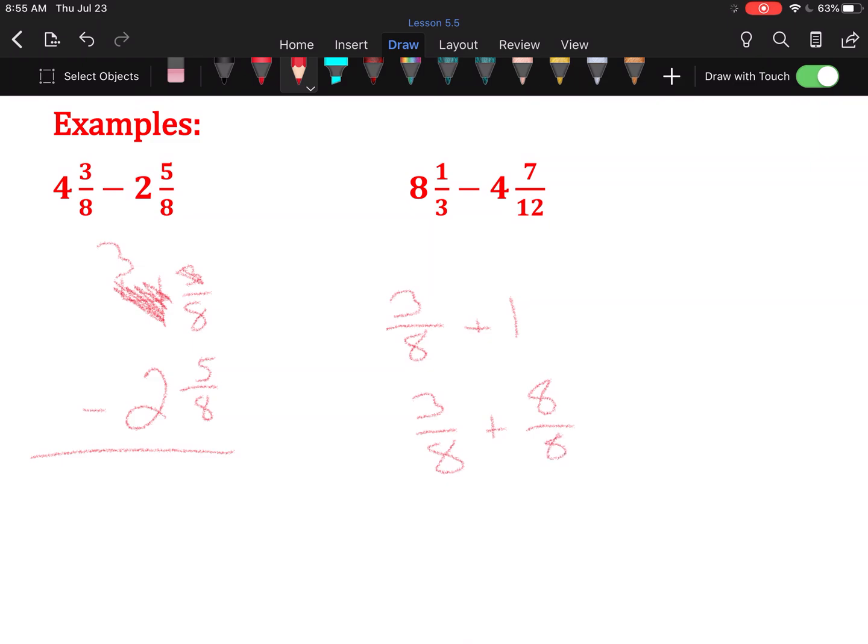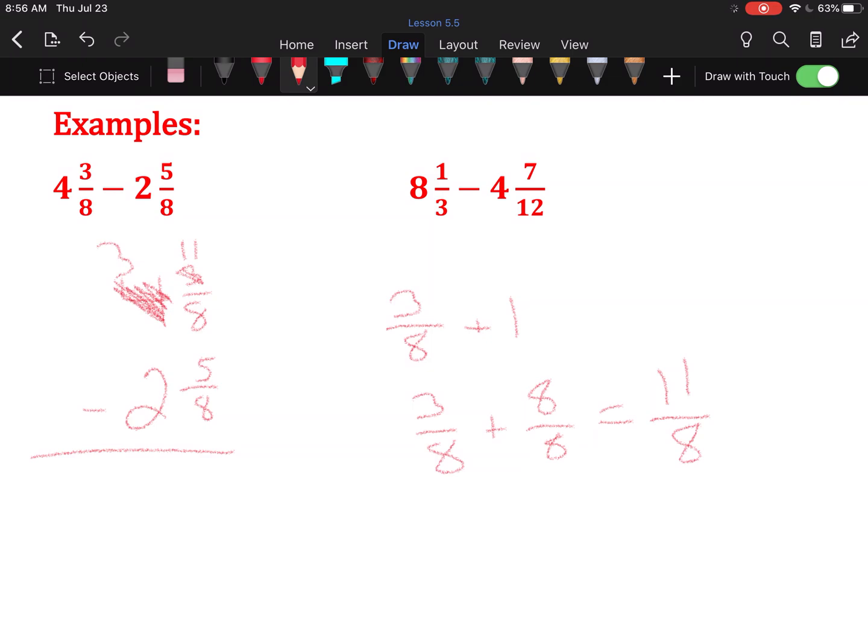So 1 is 8/8. It's 7/7, 6/6, 5/5, 12/12. 1 is just the number over itself. 3/8 plus 8/8 is something we are allowed to do. That's 11/8. And we're going to leave it in its improper form. I need it that way. The 3 becomes 11, not 13.